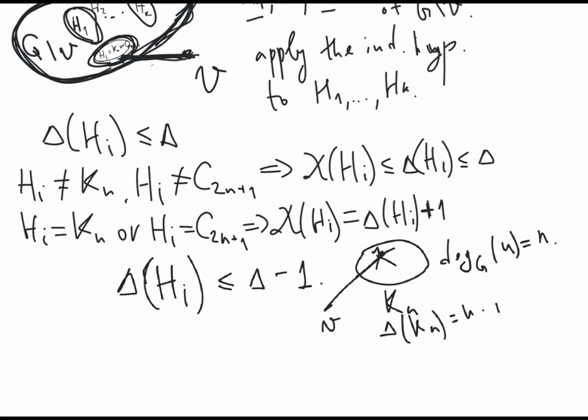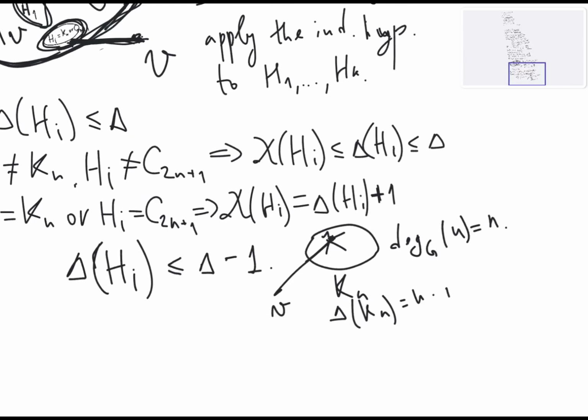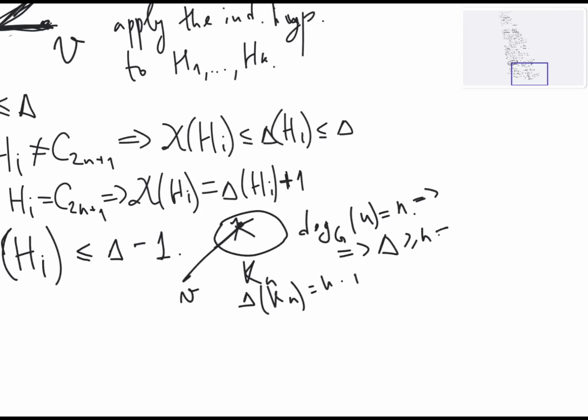From this it follows that the maximum degree delta in the whole graph G is greater or equal than n, and n is equal to delta of Kn plus 1.